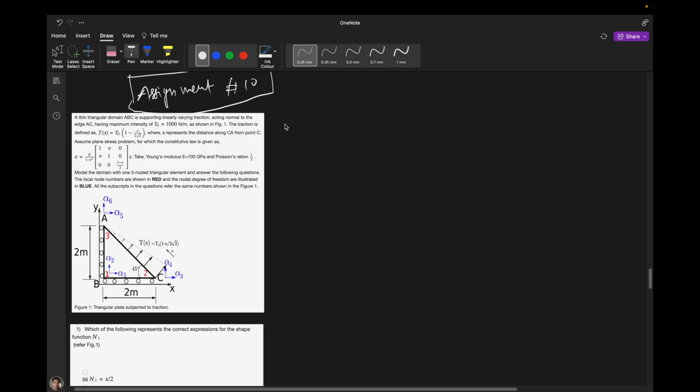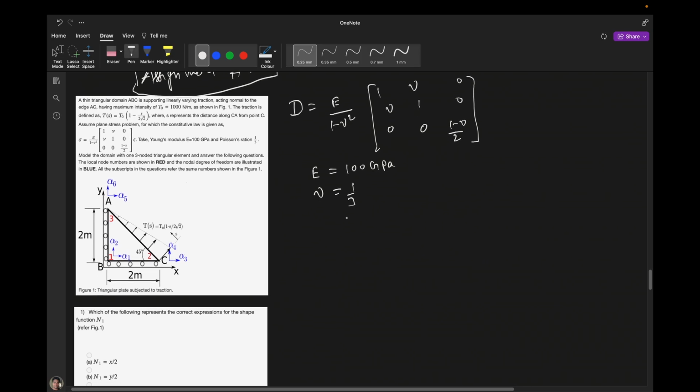Like here in this case we can see that D is E divided by 1 minus nu square, times the matrix 1, nu, 0; nu, 1, 0; 0, 0, (1 minus nu) divided by 2, and Young's modulus is given as 100 GPa, nu equal to 1 by 3.